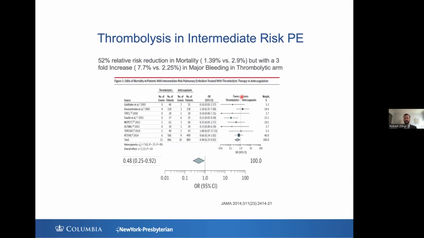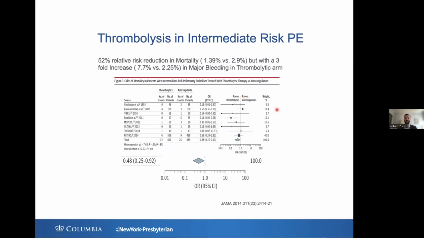So then we've asked over the years, what can we do in the intermediate risk patient population who have a significant increase in intermediate and long-term mortality as compared with the low-risk patient population? And so there have been several studies over the years looking at the use of thrombolysis in intermediate risk PE. And so we say, you know, if we've given systemic fibrinolytics to high-risk patients and they all survive, great.